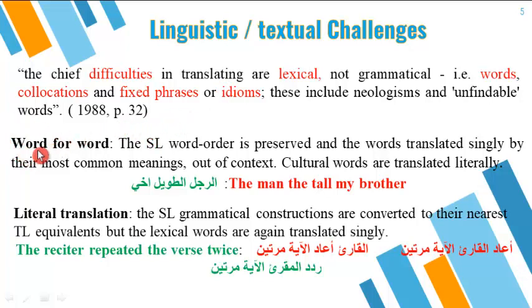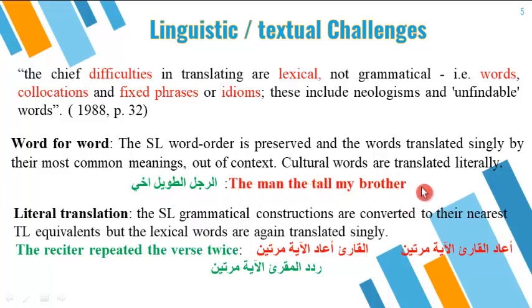The first one is word for word, which means preserving, keeping the word order and translating the words singly out of context. As an example, الرجل الطويل أخي. So we are going to translate word for word. الرجل, the man. الطويل, the tall. أخي, my brother. The result is the man, the tall, my brother.